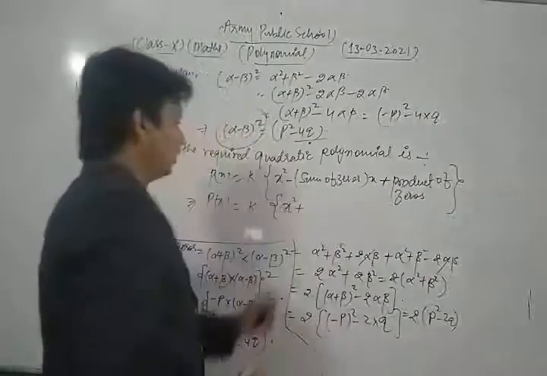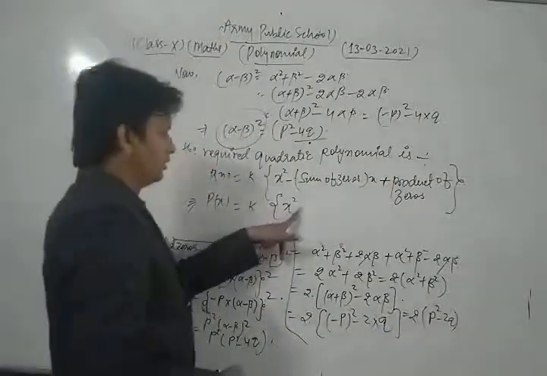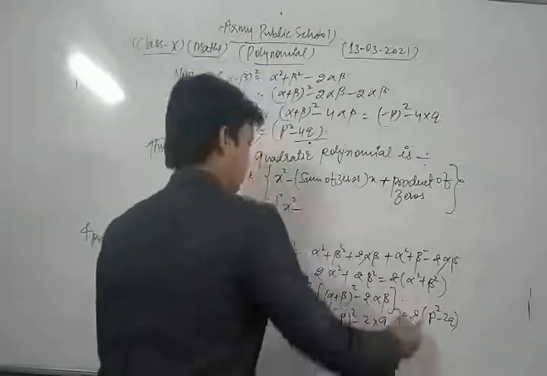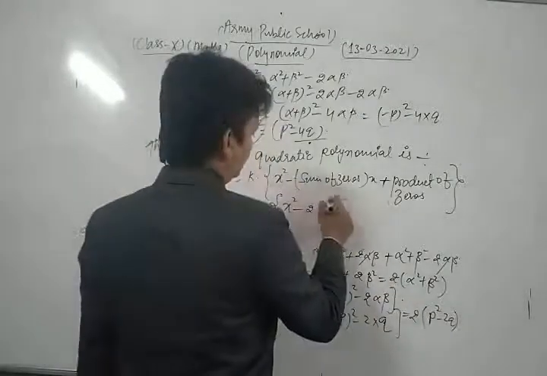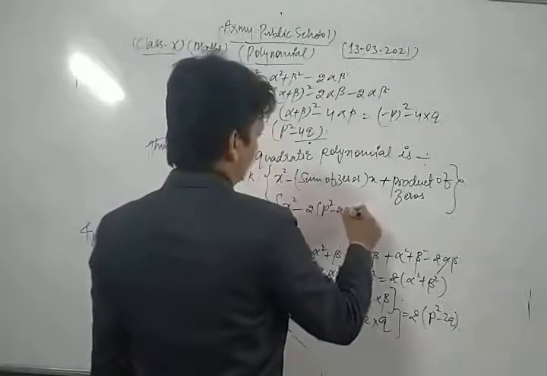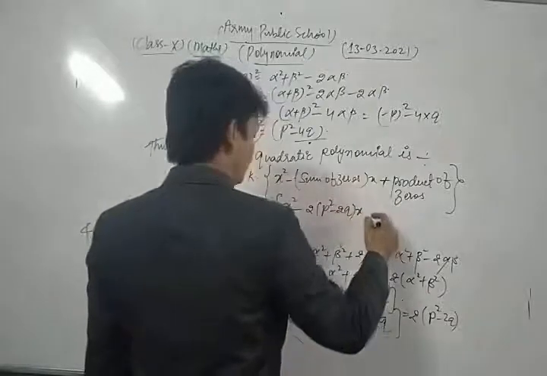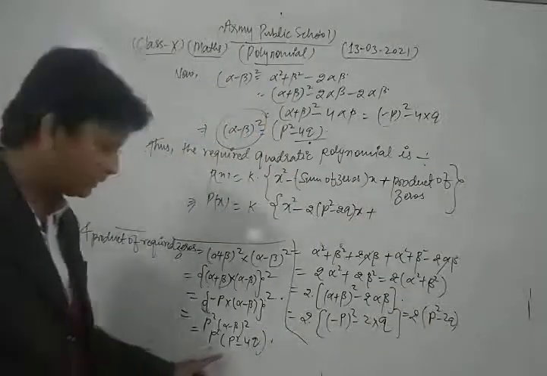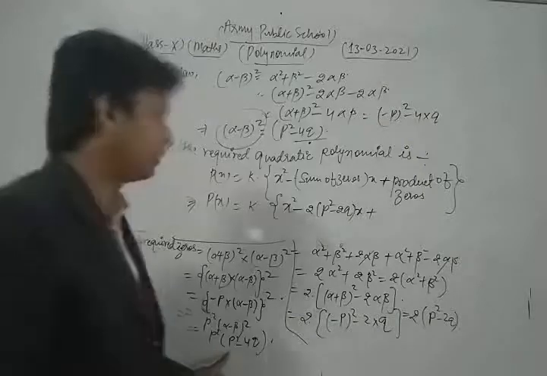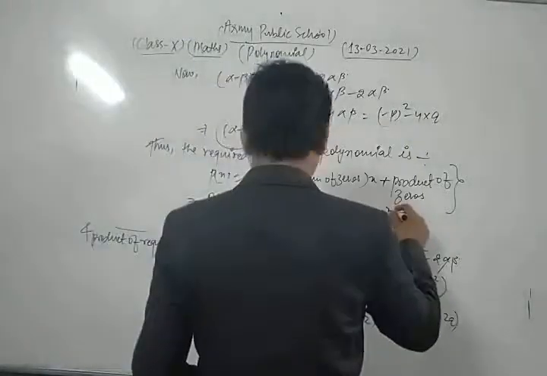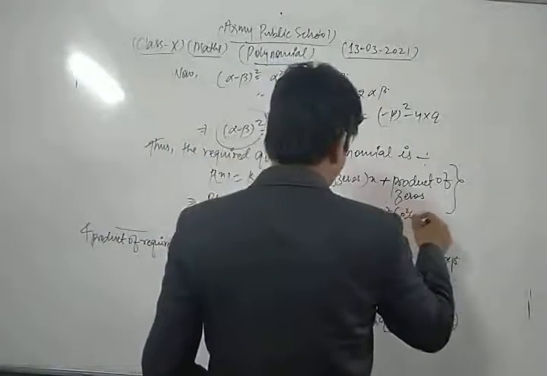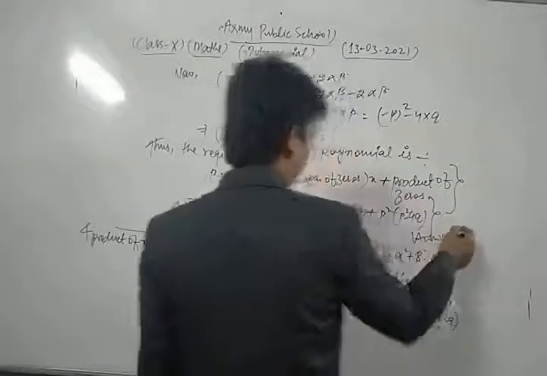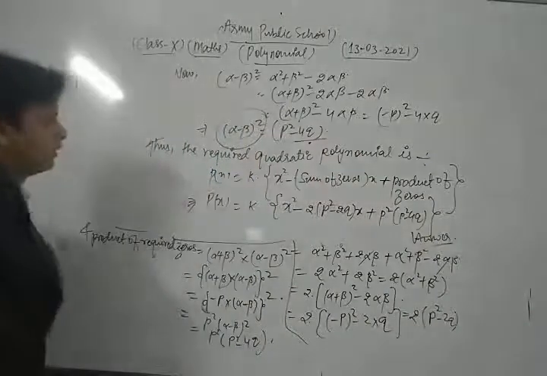So minus sum of zeros is 2 into p square minus 2q into x, plus the product of zeros, which is p square in bracket p square minus 4q. So here we put that: p square minus 4q. So this is the required solution of the given question.